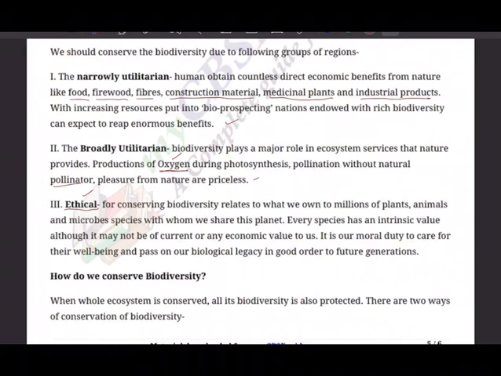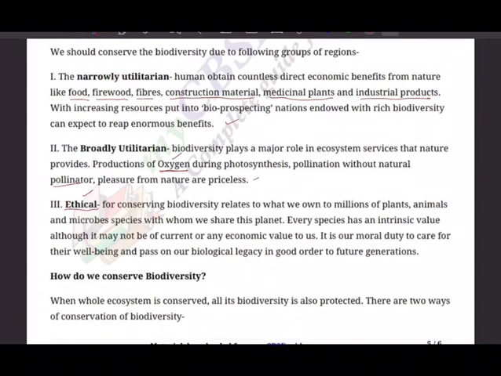Then ethical. It's our moral right. Conserving biodiversity relates to what we owe to millions of plants, animals, and microbe species with whom we share this planet. You see, we always say right to live. Your social studies teacher will be telling you about the right to live. When we have the right to live, we also should ensure that every species on this planet has the right to live.